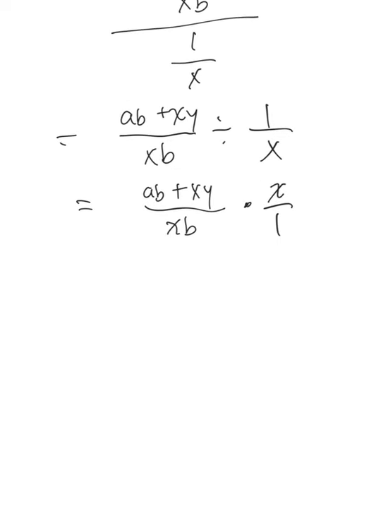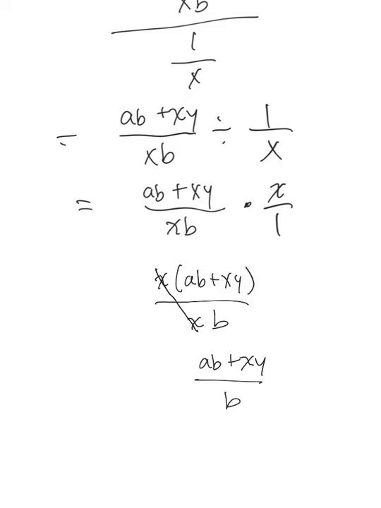I'm going to rewrite this in a special way: x times this whole thing. And because I've been doing this for a while, I recognize once again we've got x as a common factor top and bottom, so that will cancel or become a 1. And what we're left with is ab plus xy all over b. Give these a shot.